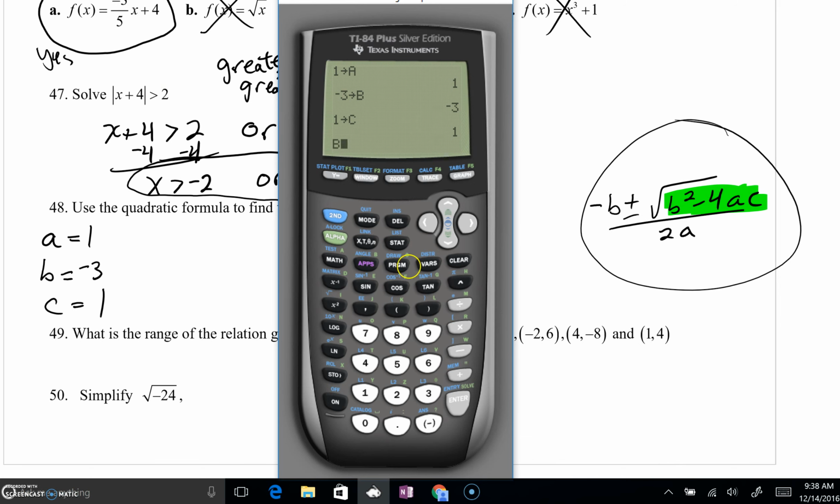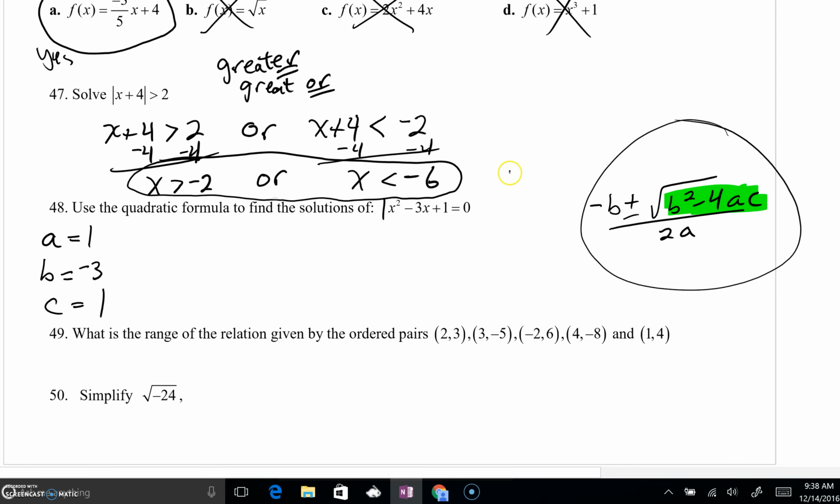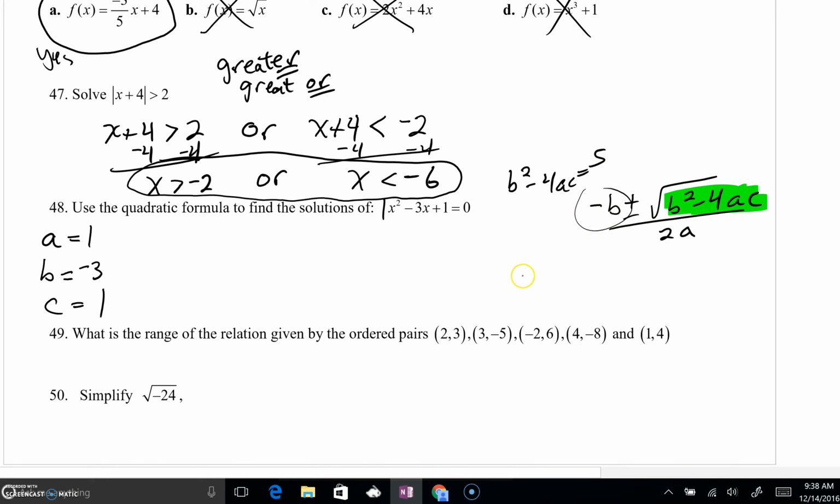So I'll type in alpha b. You'll have b squared minus 4 alpha a alpha c. Hit enter and you get a very nice answer. I'm saying it's nice because you're not going to have to break down a radical. Look, if you were to put your answer down, it's going to be opposite b.